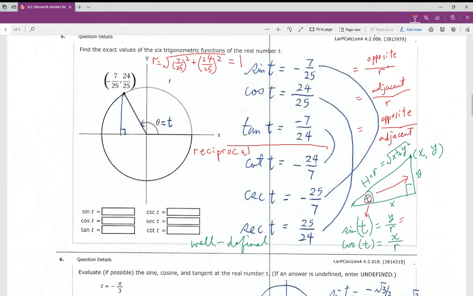And the y value happens to be opposite to our angle. And then r is always the hypotenuse. Now, the x value happens to be next to angle t. Next to, we say adjacent.